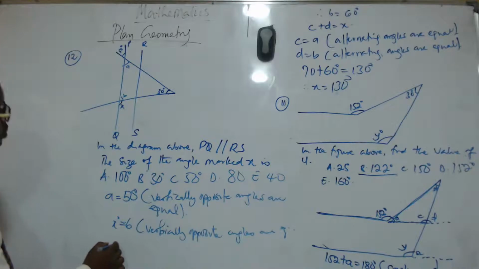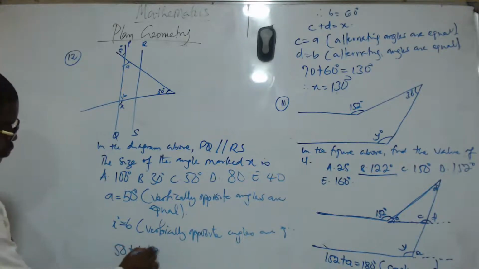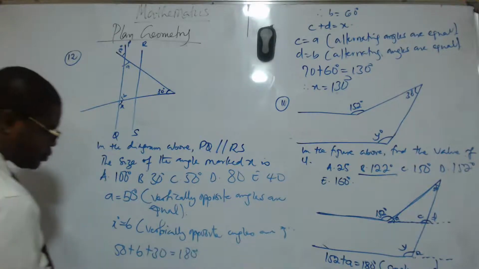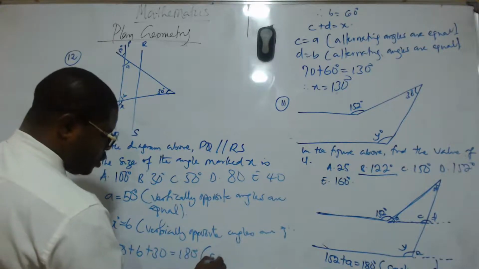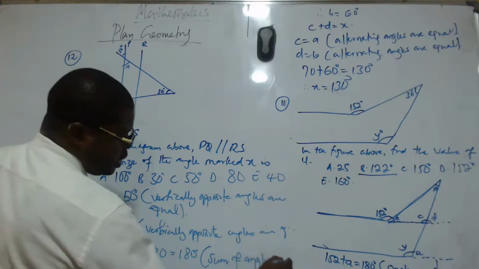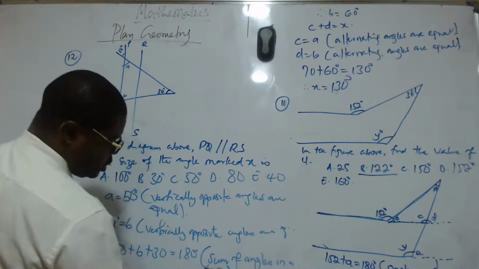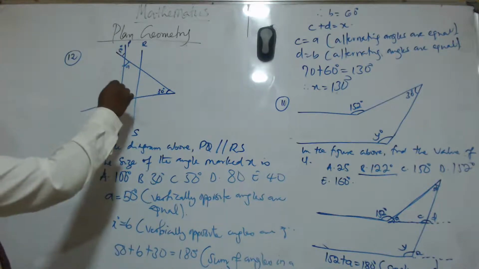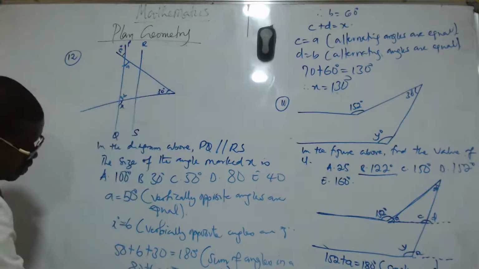Now we are going to have 50 plus B plus 30 equals 180. Reason: we have sum of angles in a triangle. That is, this angle here plus this minus 180.